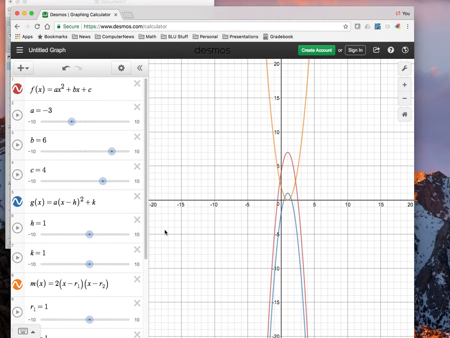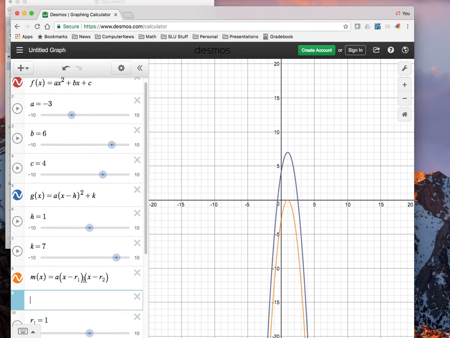That gives me one where I'm going to say the vertex is at 1, 7, so I'd like to have 1 and 7, and we get those two the same. This should also be an a, so they're in the same direction.